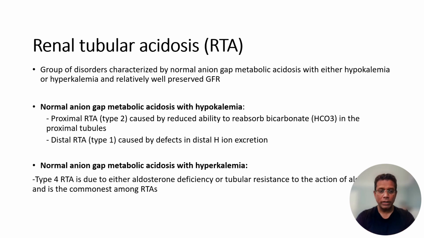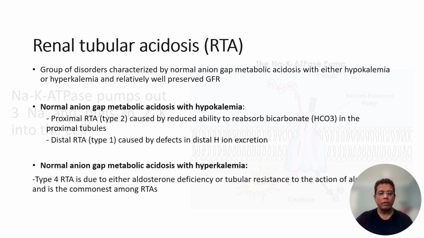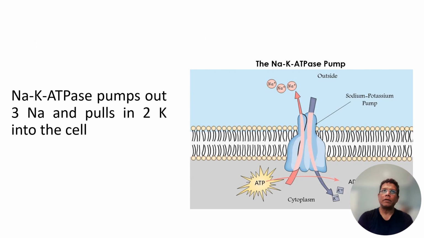Now, this one is the commonest, and between type 1 and type 2, type 1 being distal and type 2 being proximal, remember type 1 is more common. Now, before I jump into the different sorts of RTAs, I think we need to recapitulate a little bit of the basic physiology.